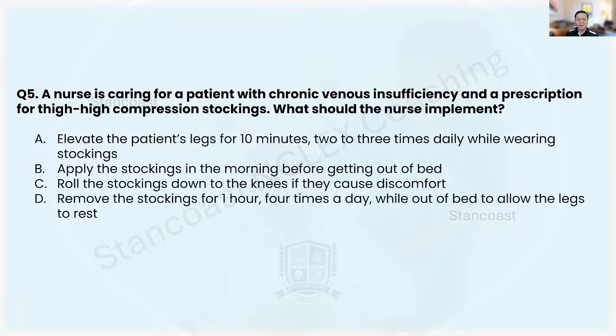Is it A, elevate the patient's legs for 10 minutes 2 to 3 times daily while wearing stockings? B, apply the stockings in the morning before getting out of bed? C, roll the stockings down to the knees if they cause discomfort? And D, remove the stockings for 1 hour 4 times a day while out of bed to allow the legs to rest. Okay, this is a very common NCLEX question, guys.